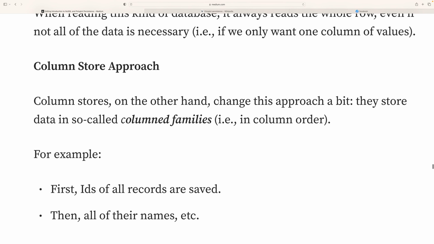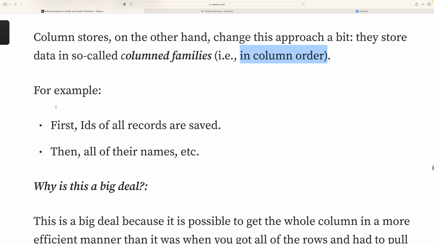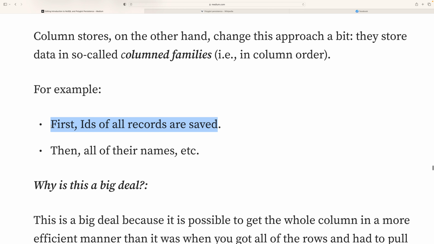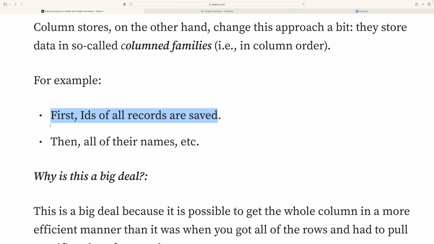On the other hand, column stores change this approach a bit. They store data in so-called column families, which means in column order. For example, first the ID in all records is saved, so ID will be one column family, and a family can have multiple columns.